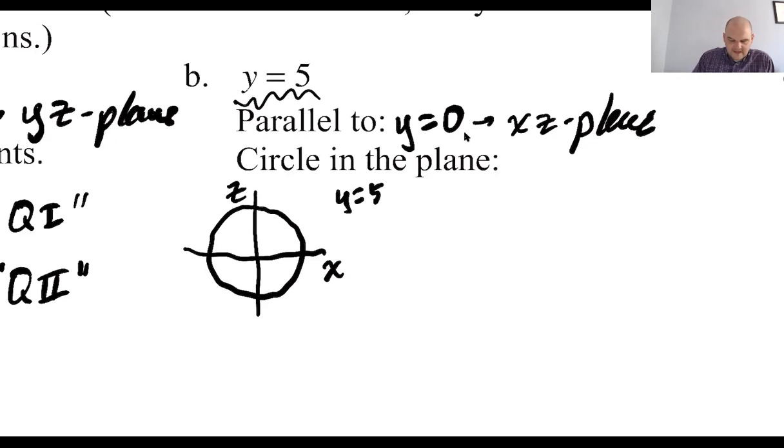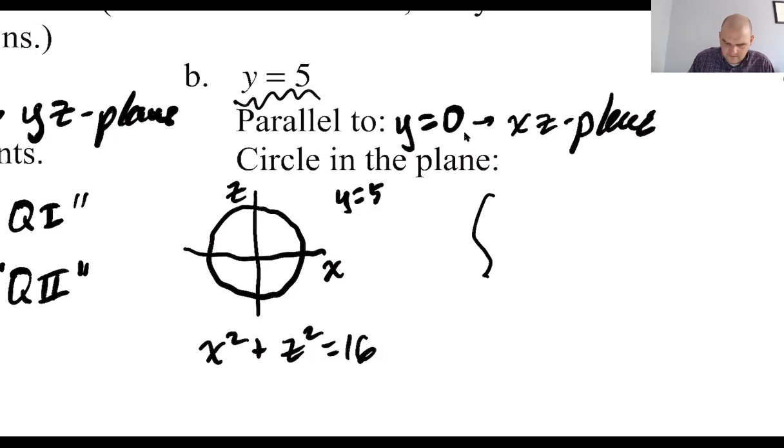Let's say it's x squared plus z squared equals, I don't know, 20. No, I shouldn't use 25 because that's confusing with y equals 5. 16, right? So I know that it's a circle with a radius of 4 in the x and z plane.